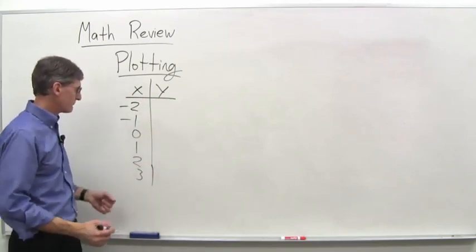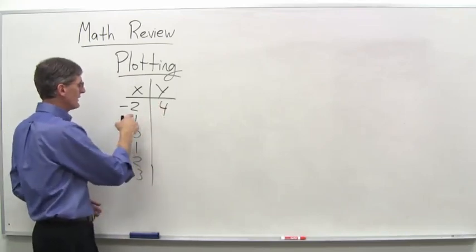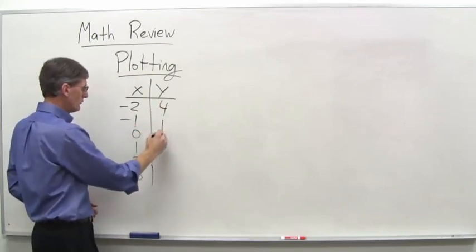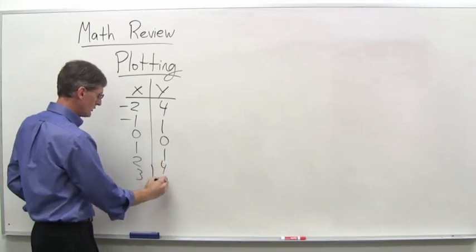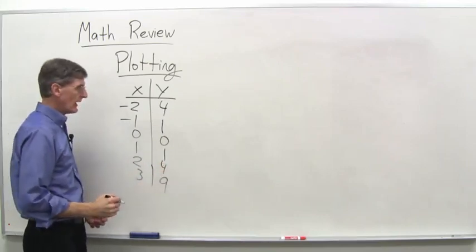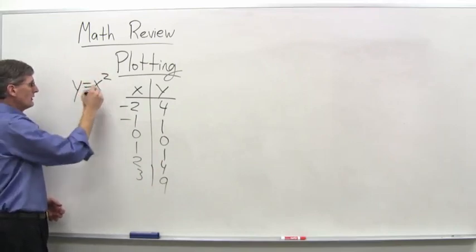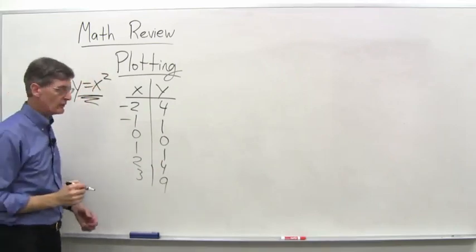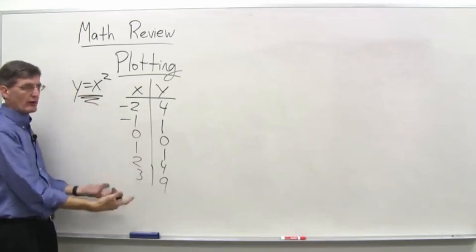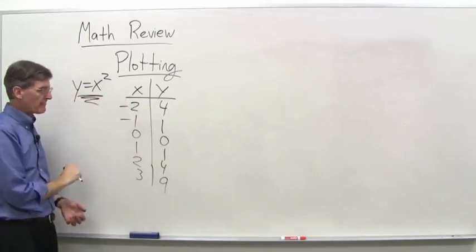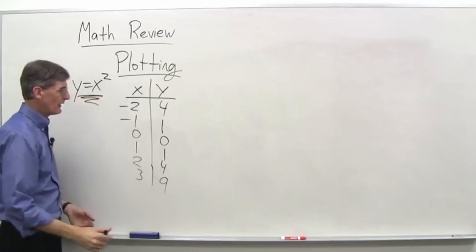In this case, we'll say when x is -2, y is 4, 1, 0, 1, 4, 9. And in fact, you may recognize this as y equals x squared. In other words, take the value of x, square it, and that gives us y. So that's my xy data.